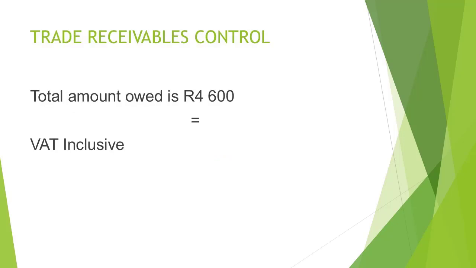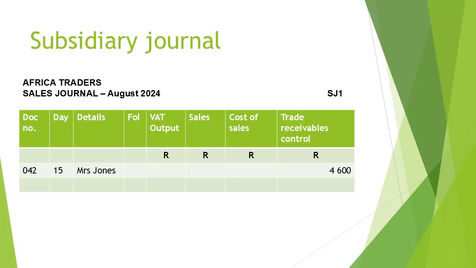In the sales journal, the full amount owed to the business by the debtor is recorded in the trade receivables control column. The amount owed by the debtor is inclusive of VAT. Let's start recording the transaction in the sales journal. In the document column, we enter the invoice number, 42.